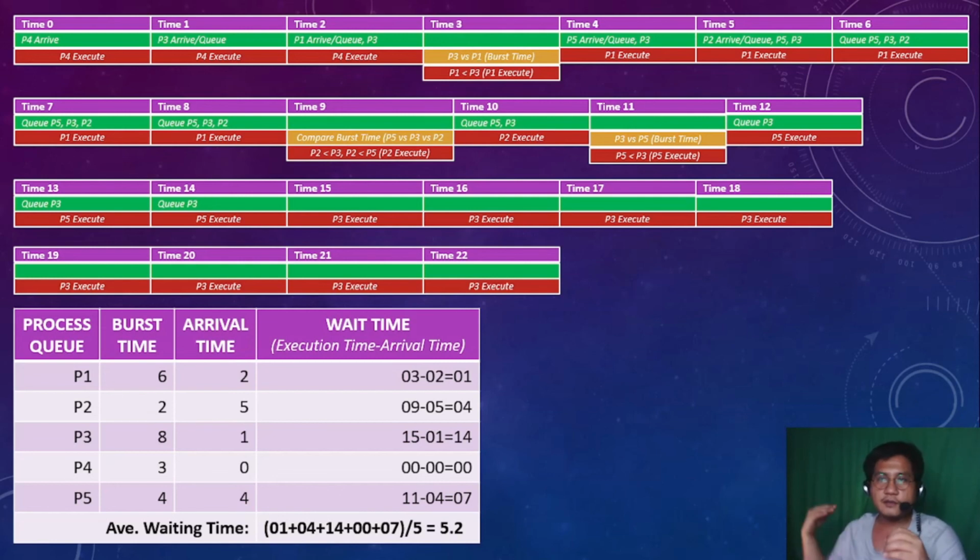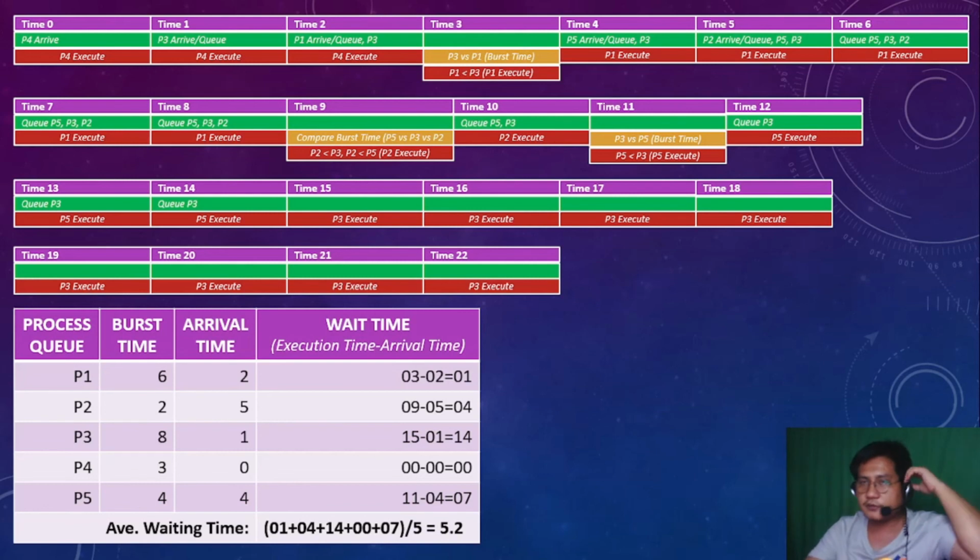If there are other processes that go into the queue, these processes present in the queue will be compared to see which has the shortest burst time, so that the process with the shortest burst time will get the CPU first. And that is how shortest job first works.